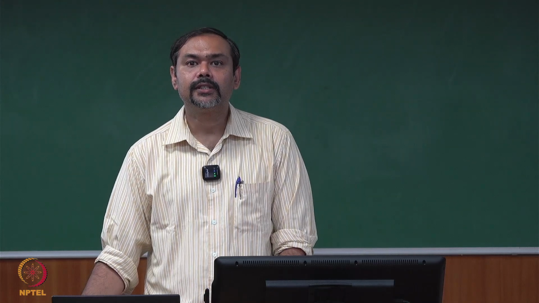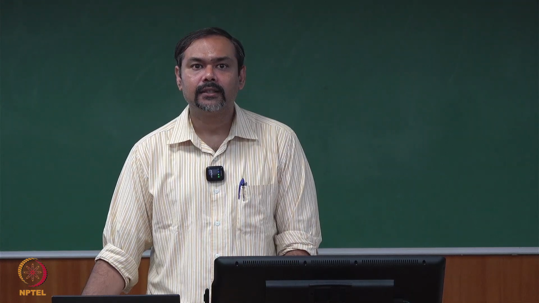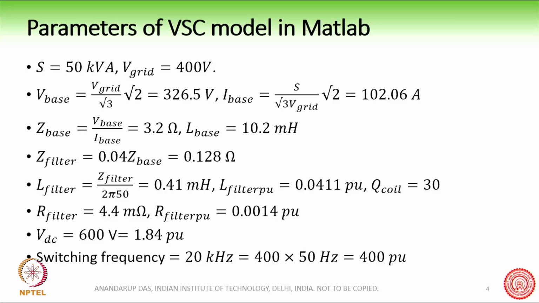In order to do this MATLAB simulation, I will take the same example as we had taken previously when I was talking about the Bode plot. We are basically simulating a grid connected VSC with a grid voltage of 400 volt and the total power being 50 kVA.